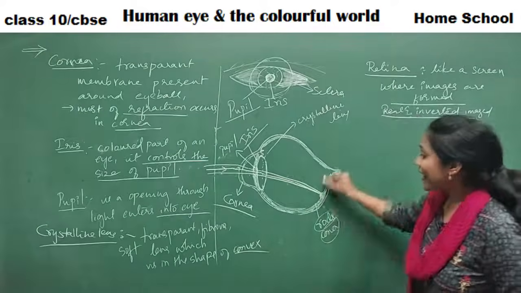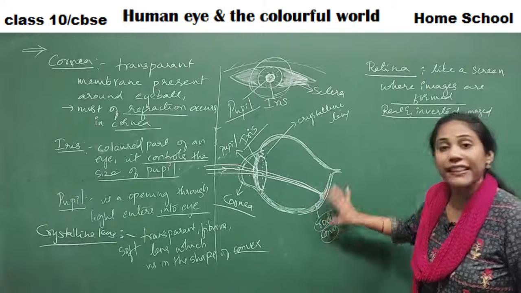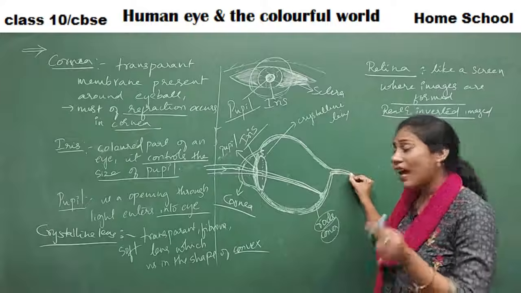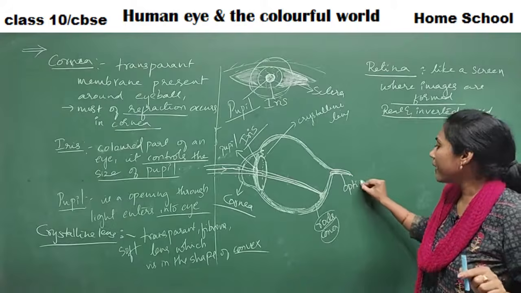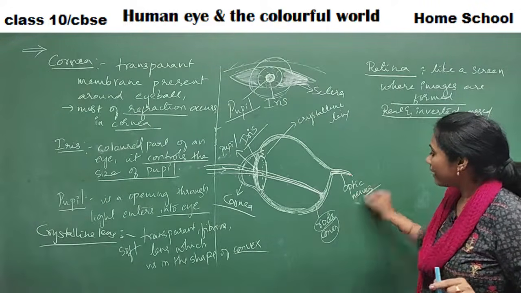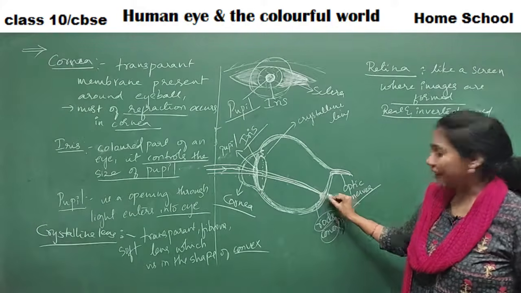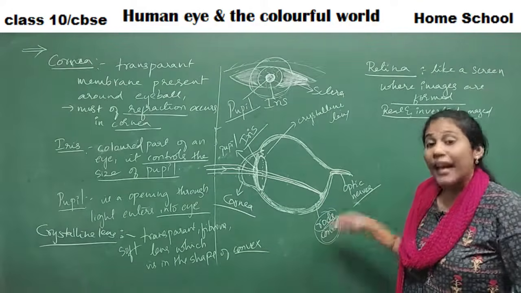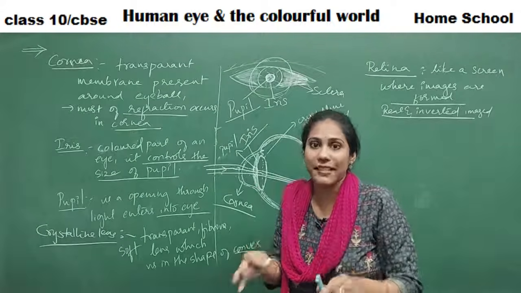And these light sensitive cells generate electric signals, and these electric signals are passed to the brain through optic nerves. I think you are understanding my concept here, right? So the moment the image is formed in the retina, these and other light sensitive cells will become active, and they will generate electric impulses, electric messages.